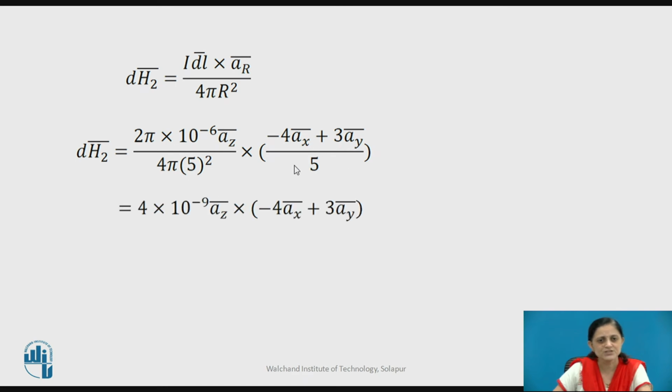Now solve this equation. So you are getting the answer for dH2 bar is equal to 4 into 10 raised to minus 9 a bar z cross with minus 4 a bar x plus 3 a bar y.